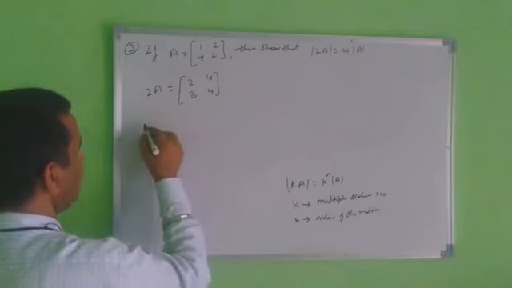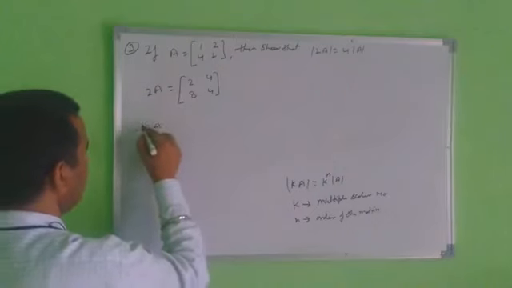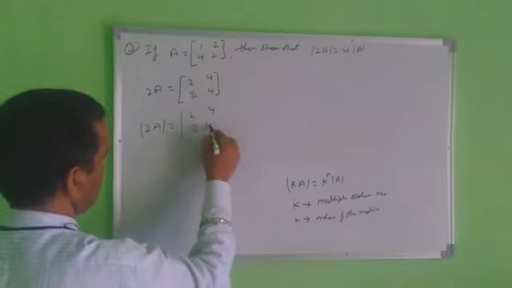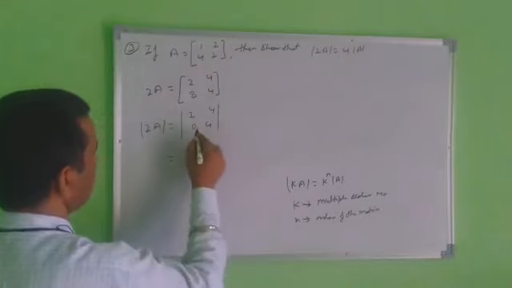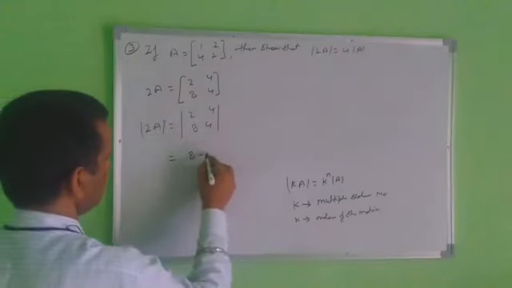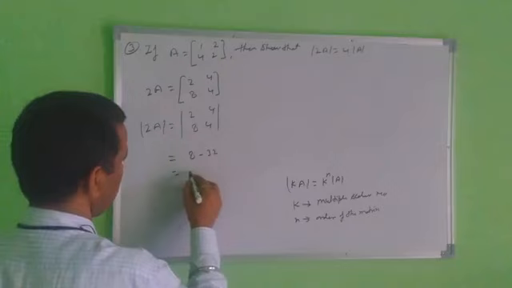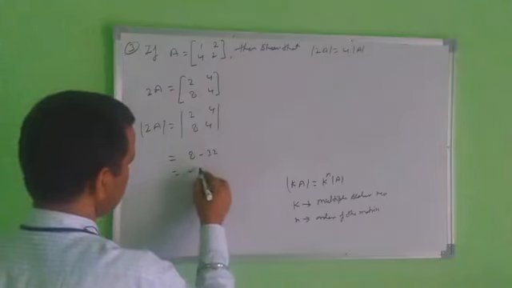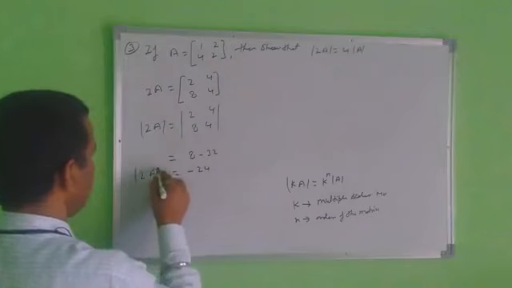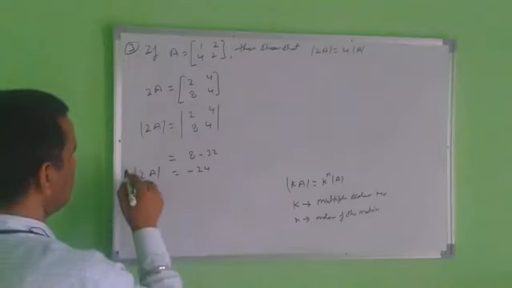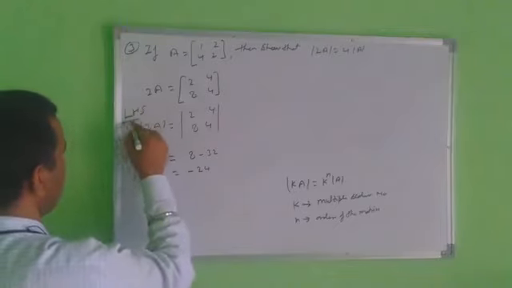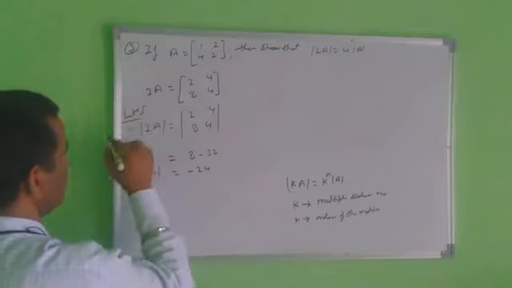After that, you find the determinant value of 2A. The determinant of 2 4 8 4: 2 times 4 is 8, 4 times 8 is 32, so 8 minus 32 is minus 24. So you get the value of the determinant of 2A as minus 24. This is the LHS side.